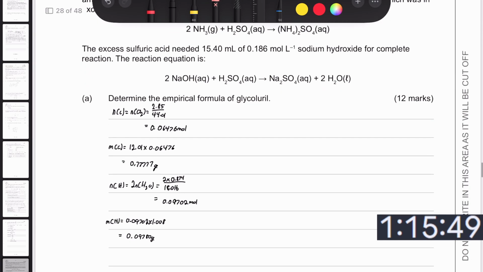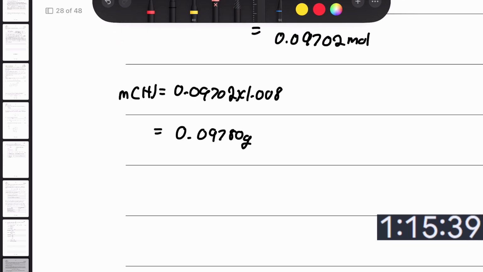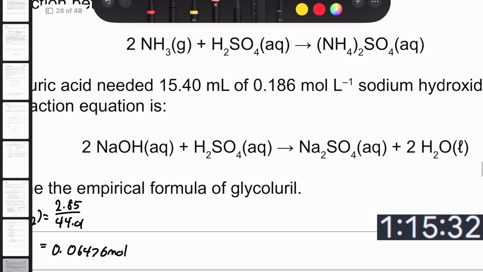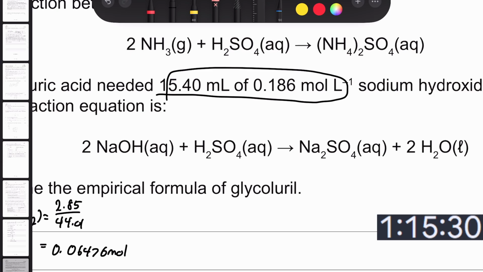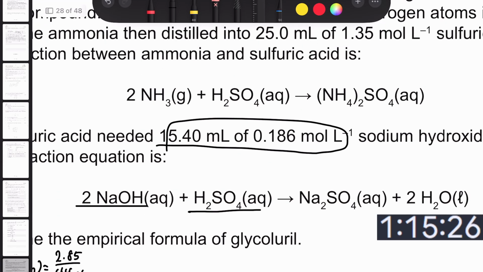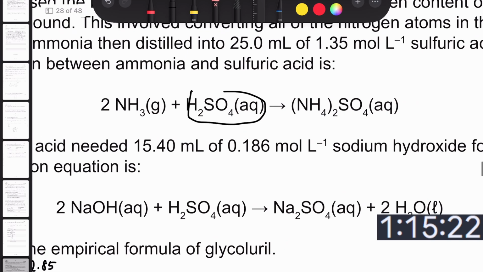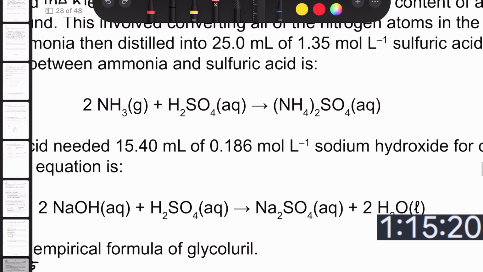So to complete the reaction, I'm going to have the number of NaOH, and then I can find the number of H2SO4 left over, and then since I have the H2SO4 left over, I can find how much of it reacted from the total.